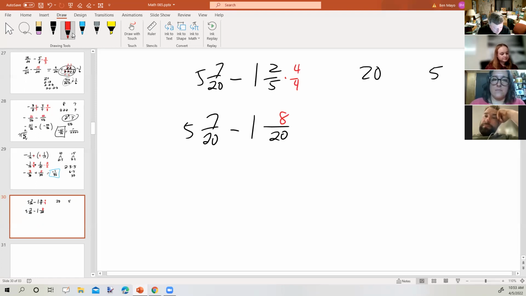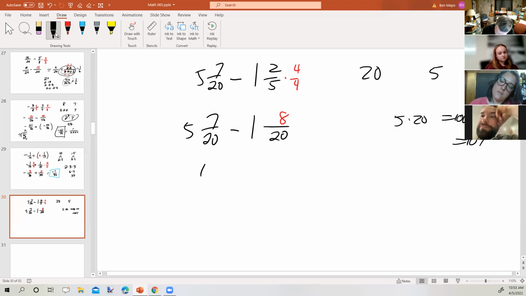Now, there are several different ways of approaching this problem. I'm going to just give you the one that is probably the least complicated to follow. What I'm going to do is take each one of these mixed numbers and change them into improper fractions. So recall from yesterday, to take 5 7/20, we take 5 times 20, which is 100, plus 7, which is 107 over 20.